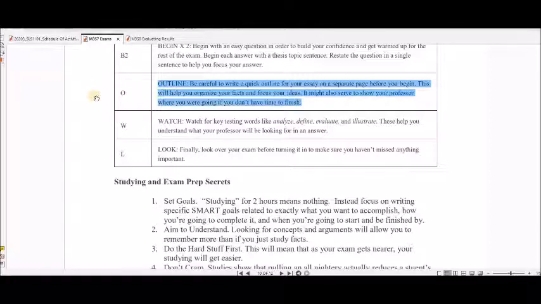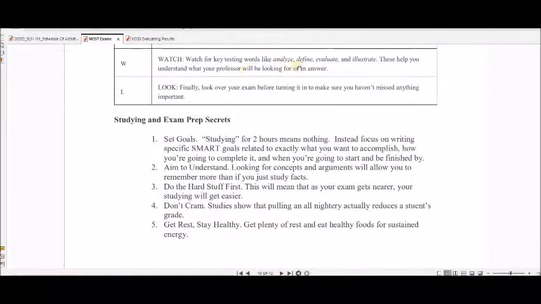A lot of times instructors examine how well you transition from one concept to the next way more than they examine your actual content. When you are testing, look at each question and look for keywords such as analyze, define, evaluate, illustrate. These are words that help you do a better job of answering.